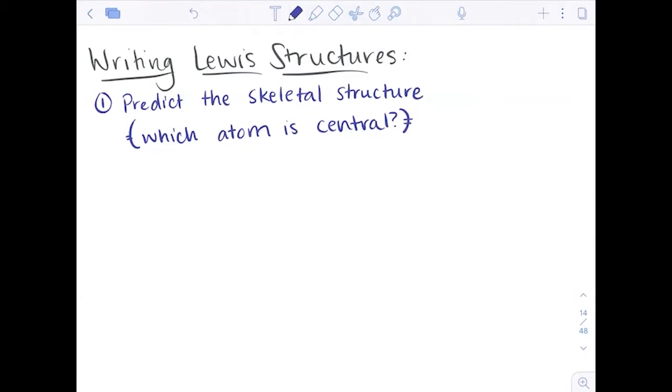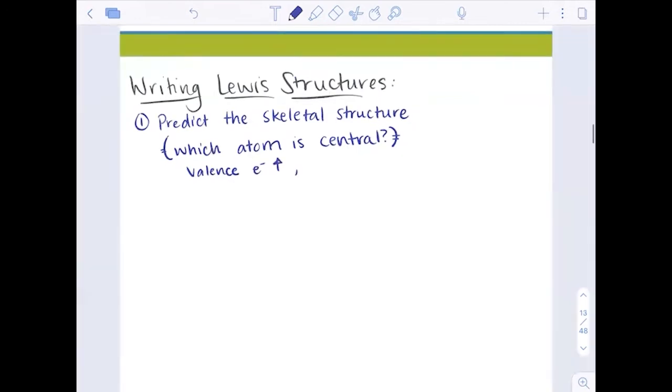Now, we know from what we decided from Lewis atoms is that carbon makes more bonds than nitrogen. Nitrogen makes more bonds than oxygen. And then oxygen makes more bonds than fluorine. As we look at the number of valence electrons, as valence electrons increase, the number of bonds decreases.